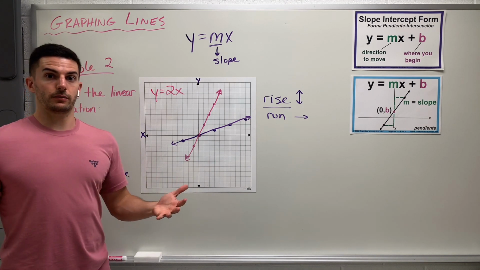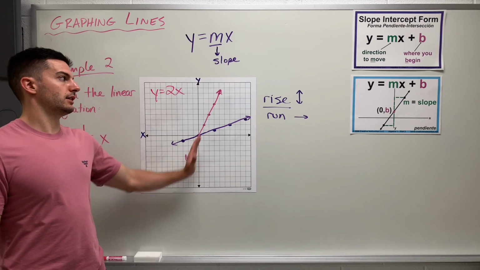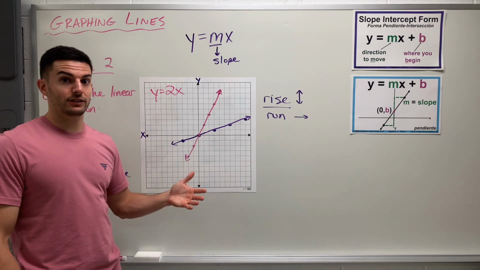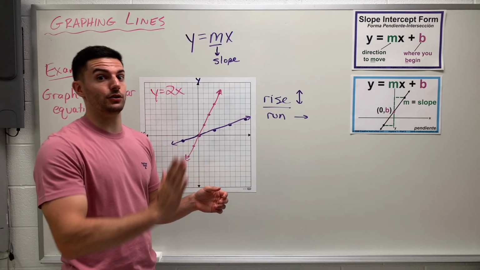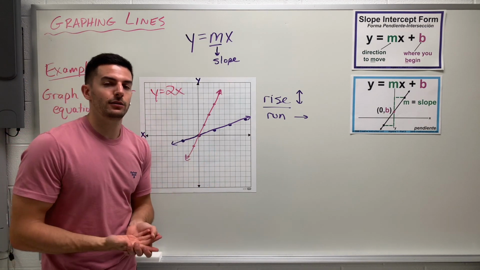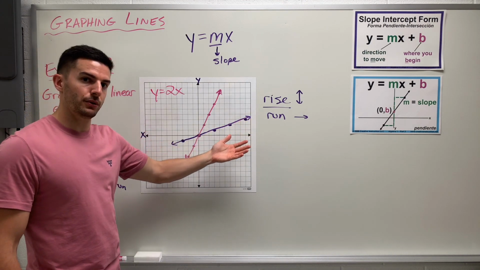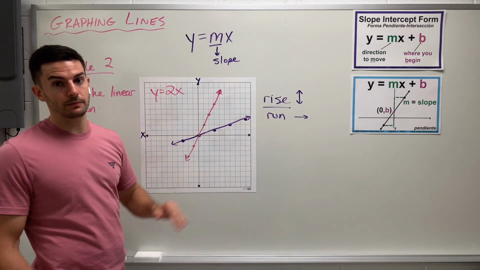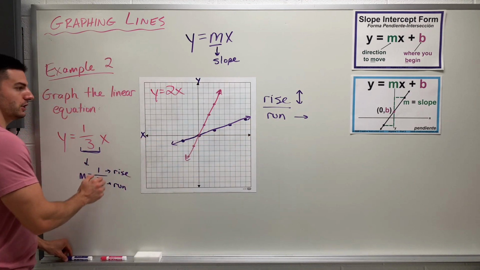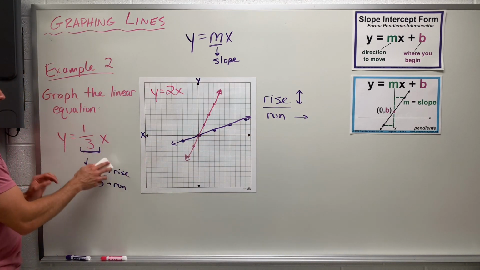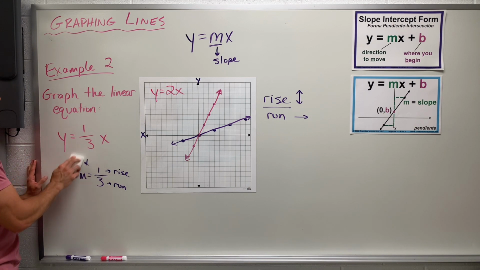The words that I would look for my students to use would be that the pink line is a lot steeper, right? Steep meaning close to vertical. You think of a cliff being very steep, whereas this one is not as steep, or more flat, right? Let's compare the slopes in the equations and see why that happens, okay?